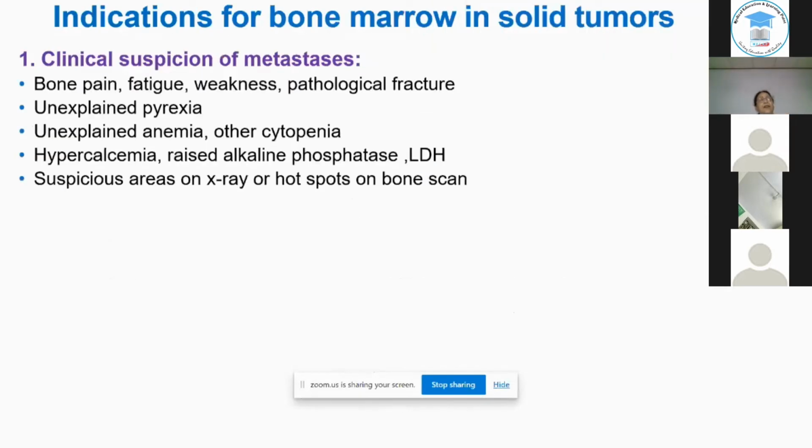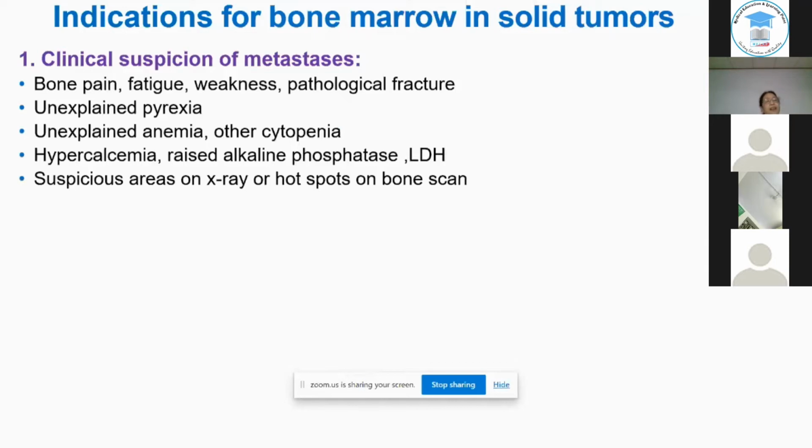Now coming to the indications of bone marrow examination in solid tumors. Number one, when there is clinical suspicion of metastasis in the form of bone pain, fatigue, weakness, or pathological fracture, or there is unexplained pyrexia, or on routine hematological investigation you get unexplained anemia or other cytopenia.